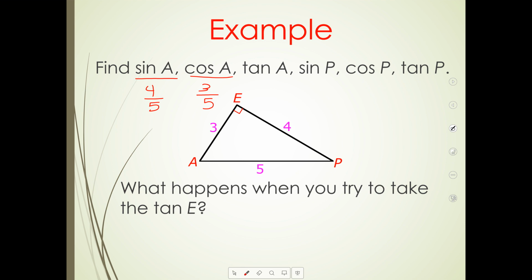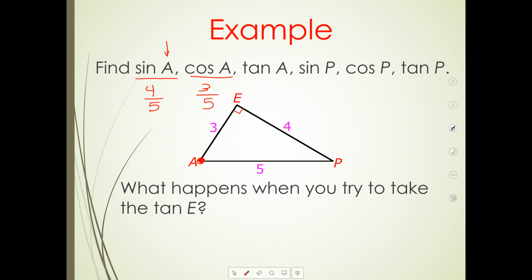Okay, so if we take angle A, because that's what we're working with here for sine, we're going to deal with this angle. From angle A, there are three sides. One of them is the hypotenuse. Which one's the hypotenuse? 5.